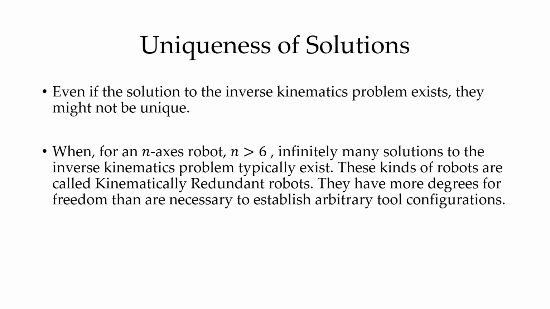These kinds of robots are called kinematically redundant robots. They have more degrees of freedom than are necessary to establish an arbitrary tool configuration. Ideally we only need 6 degrees of freedom to get into any position and any orientation, but it has more degrees of freedom than that.